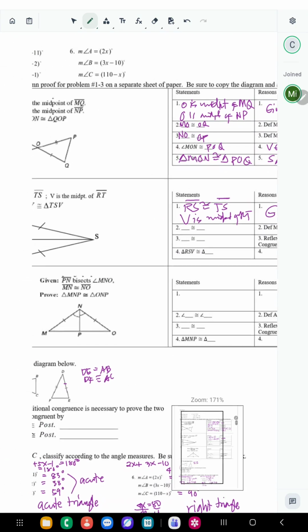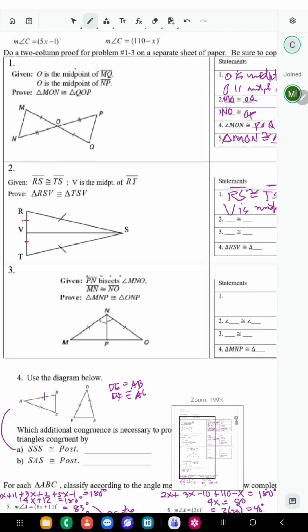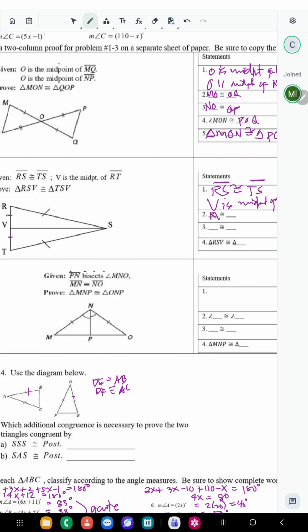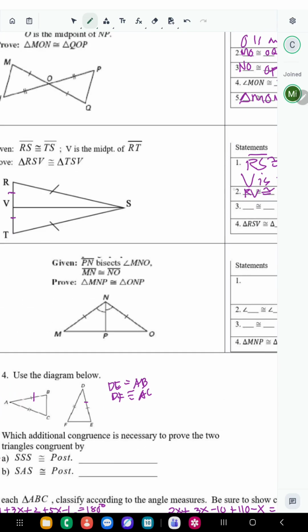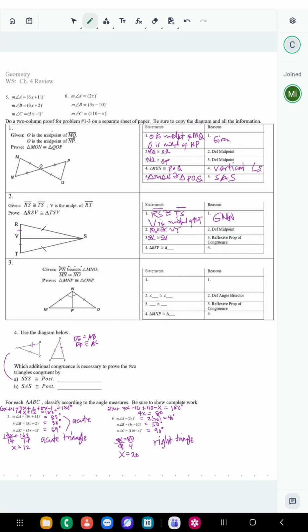By the definition of midpoint, RV is congruent to VT. Then, by the common side, reflexive property, SV is congruent to SV. Therefore, triangle RSV is congruent to triangle TSV. You have side, side, side, three sides congruent.